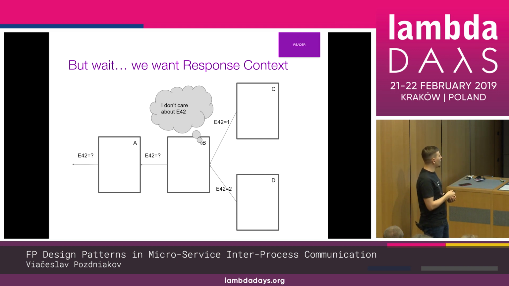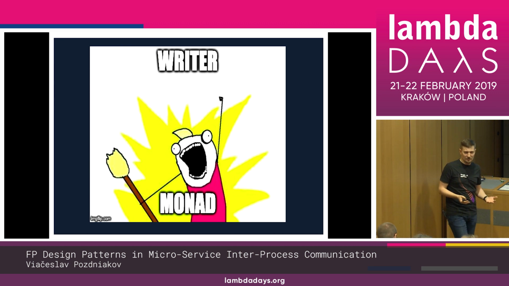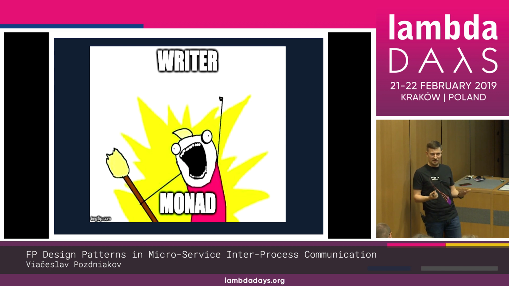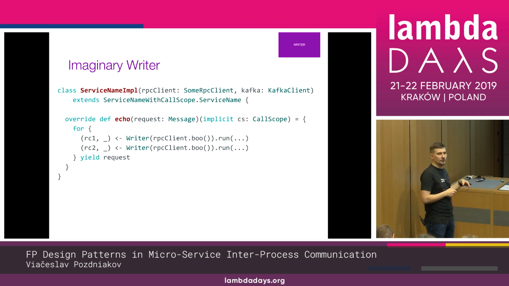And the question is, what should we do in the component B? I mean, how should it merge, or what should it do? So obviously, if we have some kind of reader monad for request context, then obviously we should have a writer monad for response context, because we are not reading, we are writing. So if we take some imaginary writer, then we will see a huge problem here.